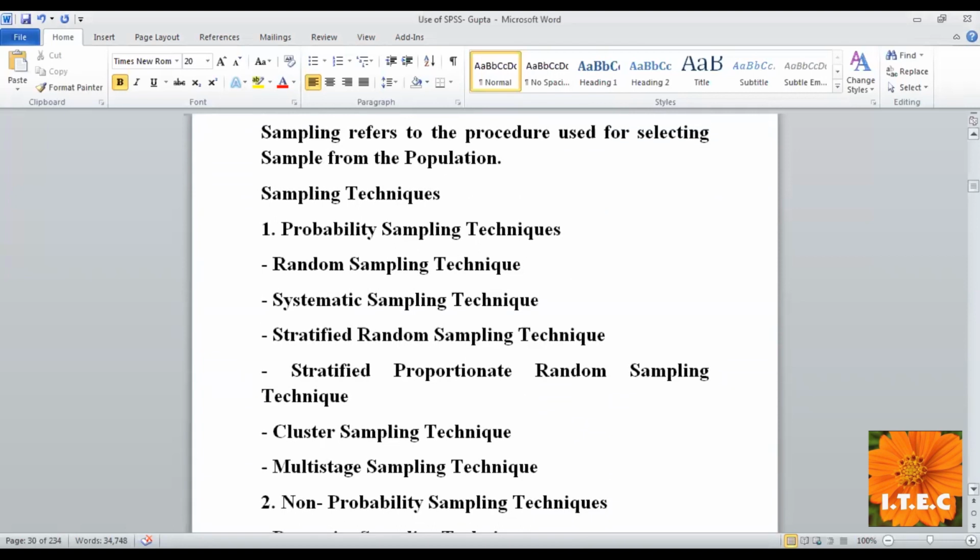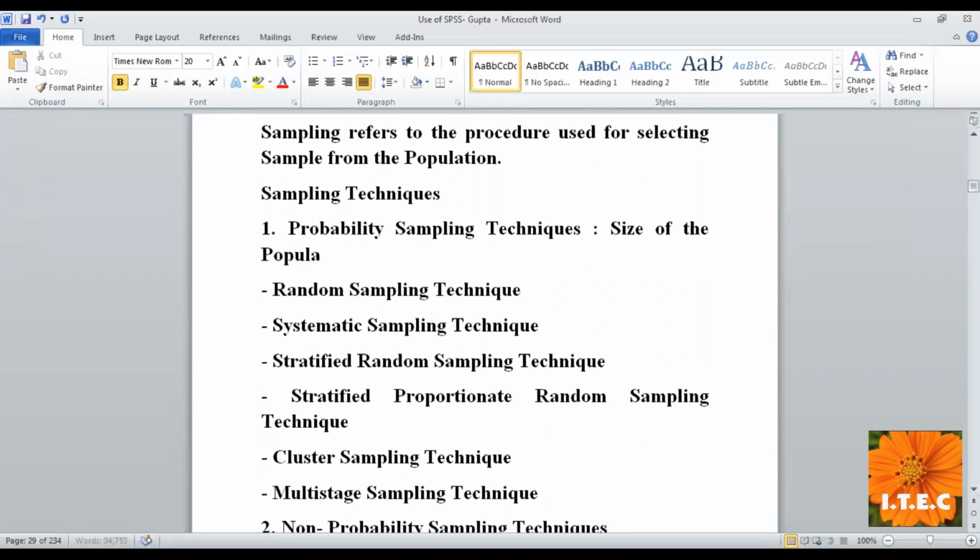that when I say probability sampling techniques, it means that you know the size of the population. The size of the population is known means the frame is available.